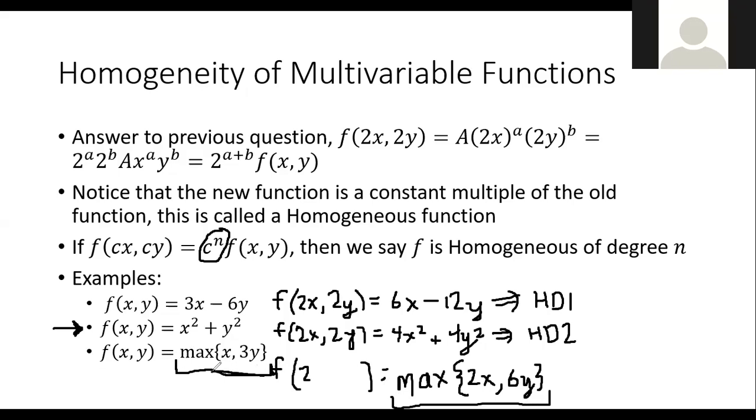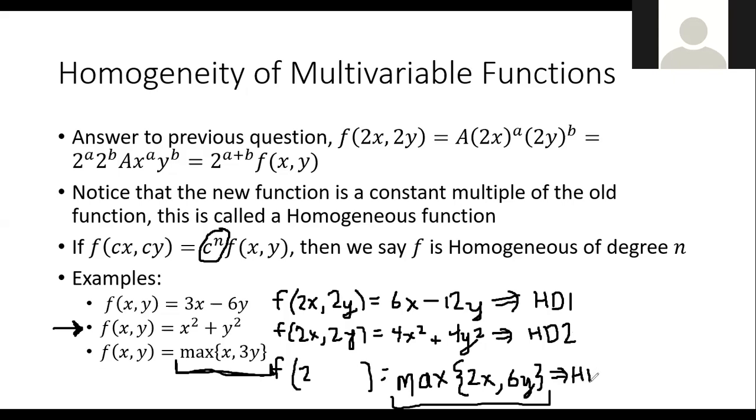What is the relationship between those two numbers? Is it like this, where it's homogeneous of degree 1? Is it like this, where it's homogeneous of degree 2? Is it neither? You think it's HD1? Why?